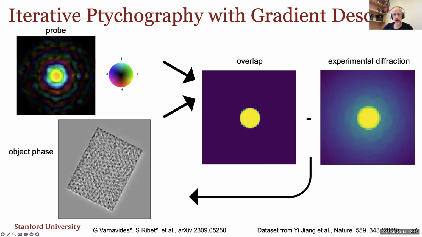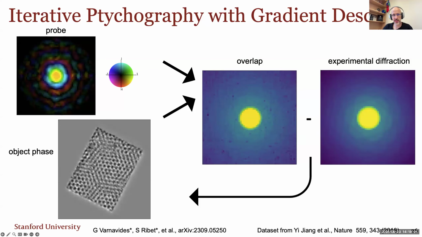So we use the adjoint operator of the forward scattering, and then we update both the probe and the object. And this can be done iteratively. Now we can again simulate in the forward direction, take the difference, back project, simulate in the forward direction, take the difference, back project, and we repeat this until we have a converged guess of the probe and the object wave functions.